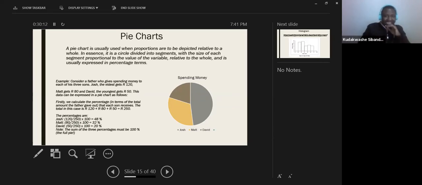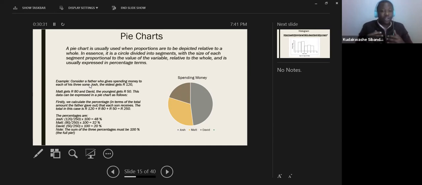Let's look at this example that is also inside the module, where a father gives his 3 sons money to spend, and then the eldest gets 120, then the second one gets 80, and then the youngest gets 50.